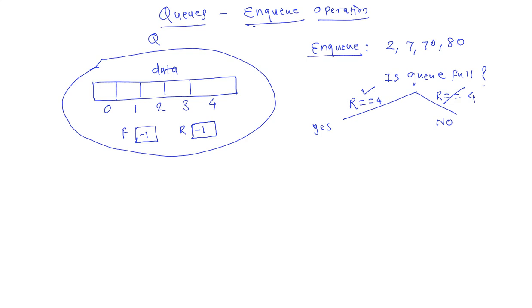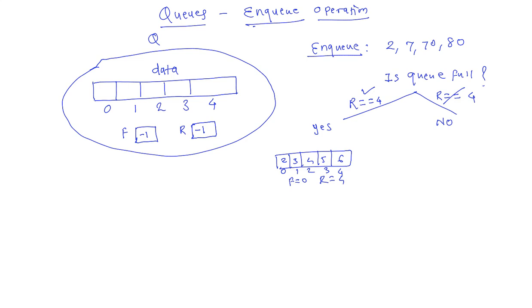Now when the queue is not full, our enqueue operation will initiate. We'll insert the element inside the queue. When the queue is full, the situation will be like this. I'll show you the situation quickly. We may have a situation like this, with f equal to 0 and r equal to 4, with indices 0, 1, 2, 3, 4.